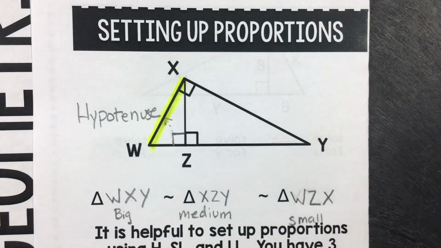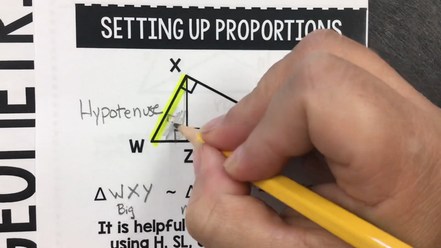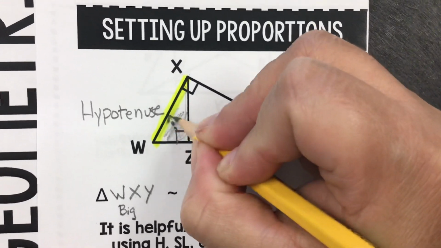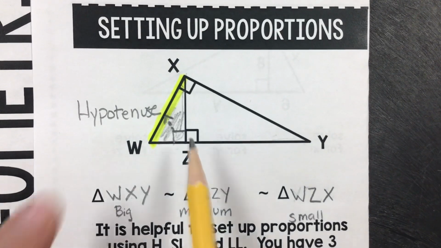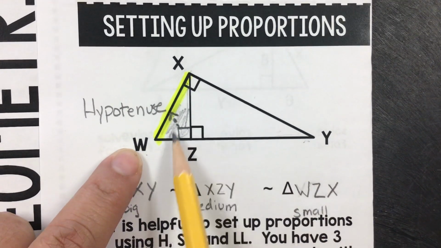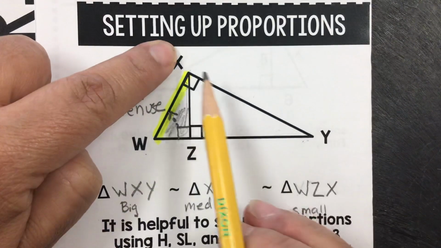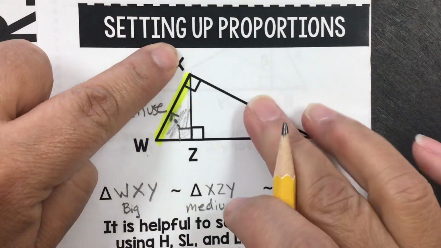So this side is the biggest side of the small triangle. So WY would be the hypotenuse of the big triangle. XZ would be the hypotenuse of this medium triangle.